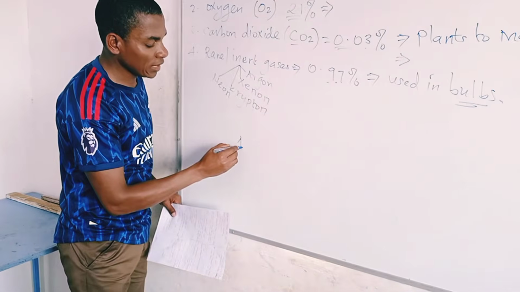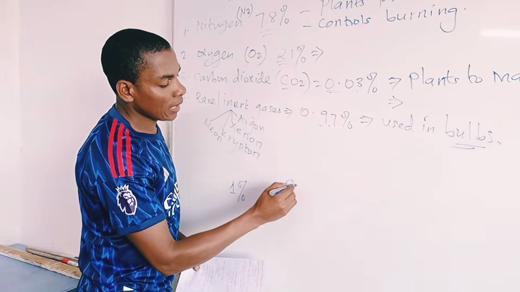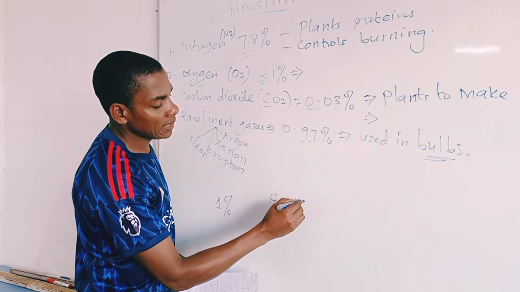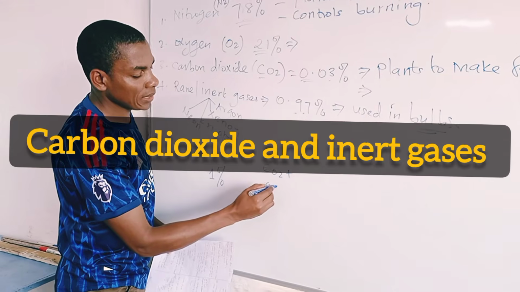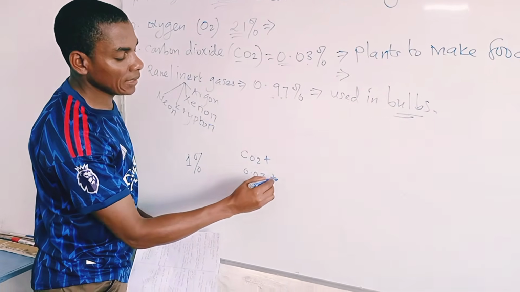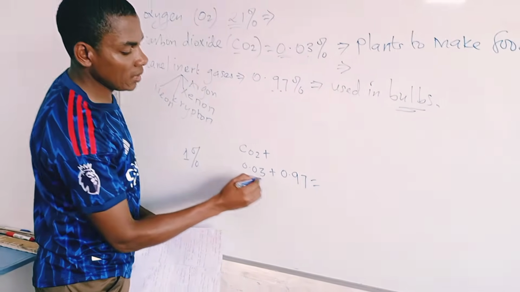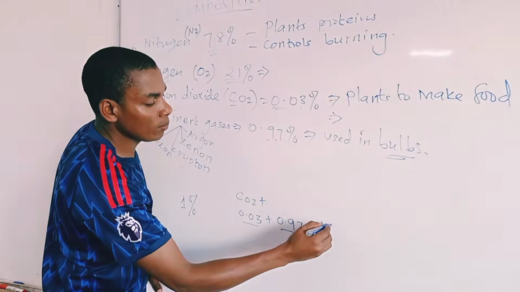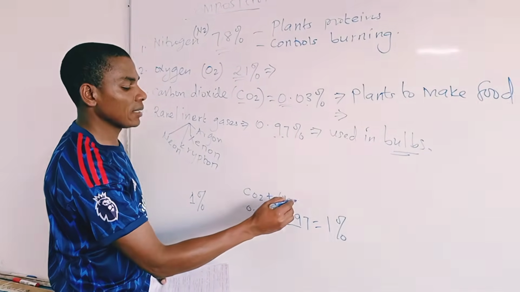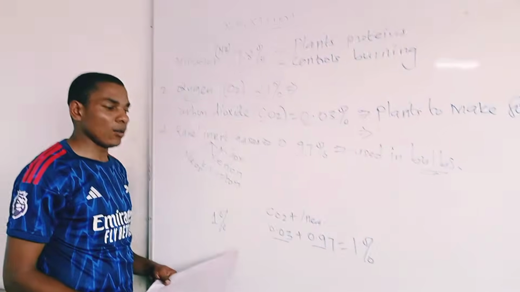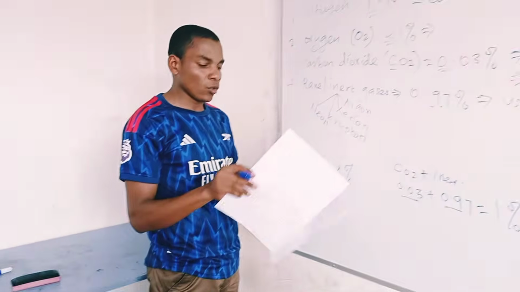The answer is carbon dioxide and inert gases. Carbon dioxide is 0.03, inert gases 0.97. When you add them you get 1%.